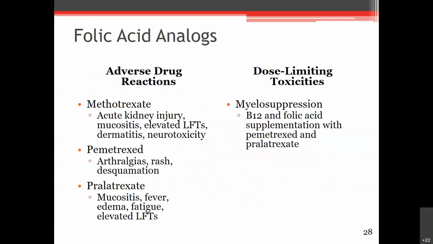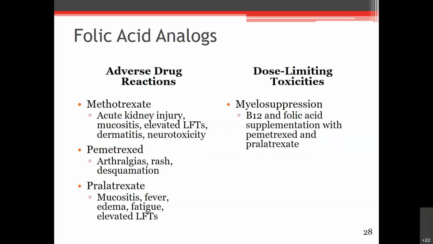So just to highlight some of the major toxicities from the folic acid analogs that we discussed, methotrexate, as we're familiar with, can cause significant AKI. Mucositis is seen pretty commonly as well. We often see a bump in LFTs shortly after the infusion, and there can be some skin toxicity as well as sometimes some neurotoxicity.